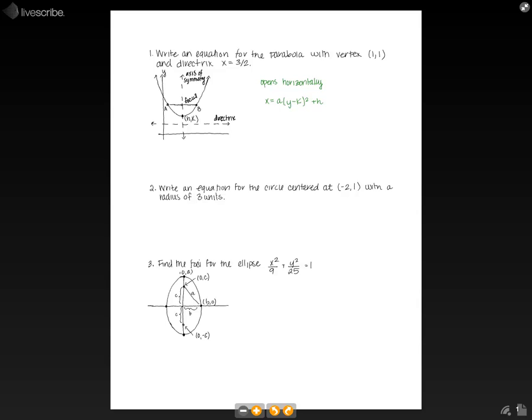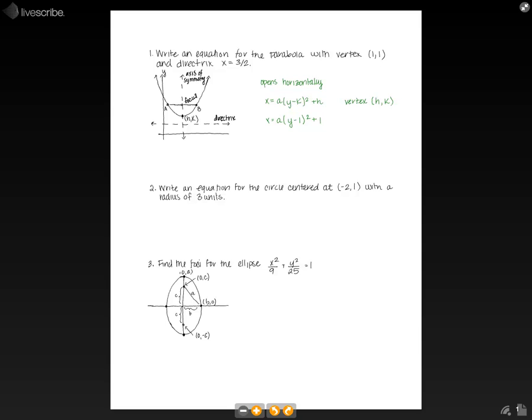We know that the vertex is defined as (h, k). So far that means that we have x equals a times (y minus 1) squared plus 1.